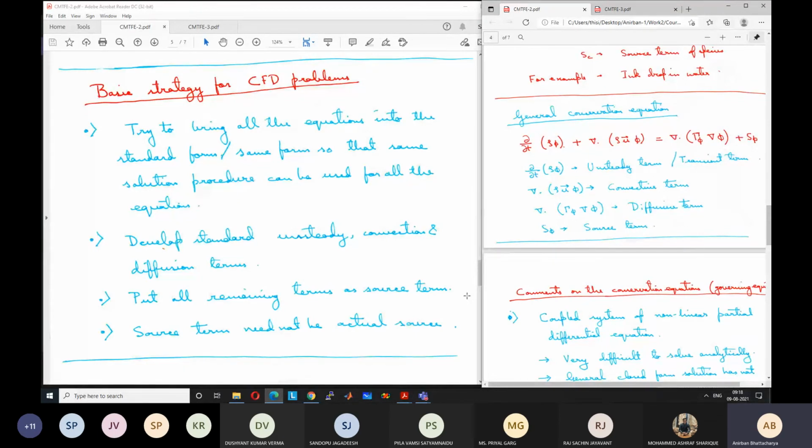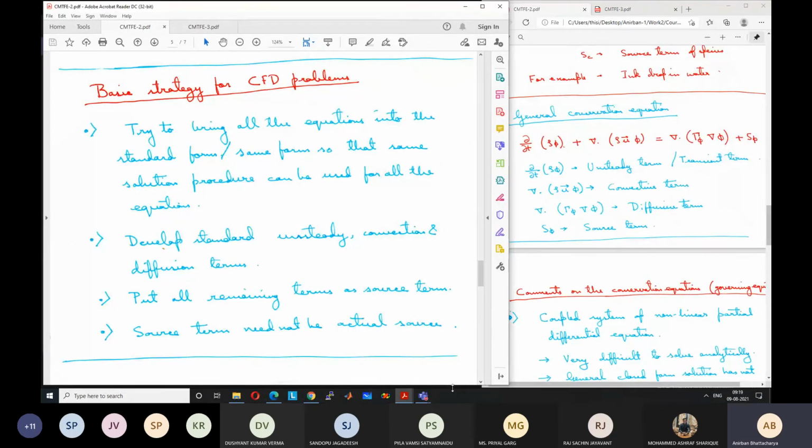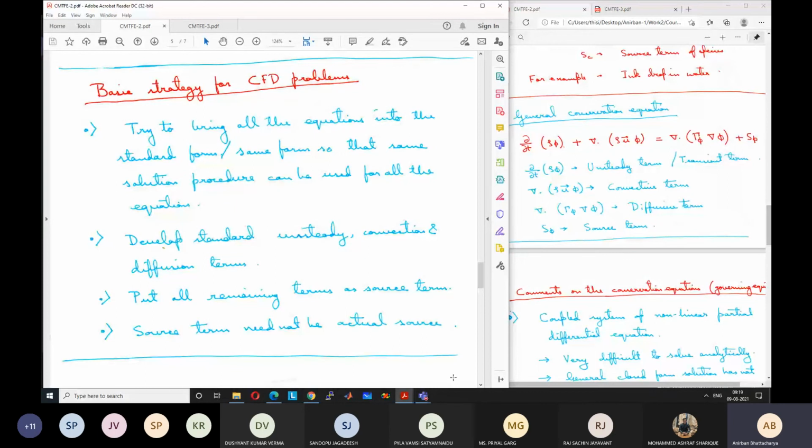But putting in a different source term is not a difficult task. If there are 5 extra terms, we will put 5 source terms. There are different concerns while formulating the source terms that we will discuss later in the course, on how to treat the source term.